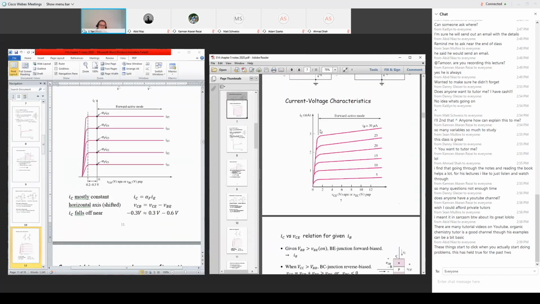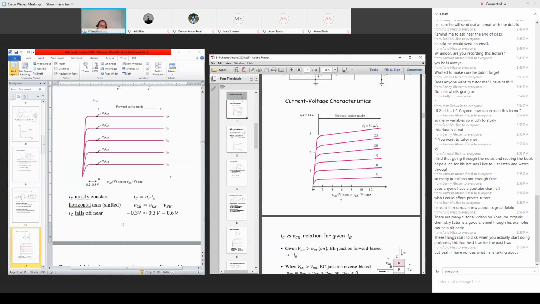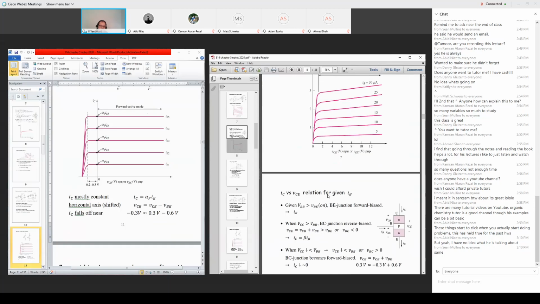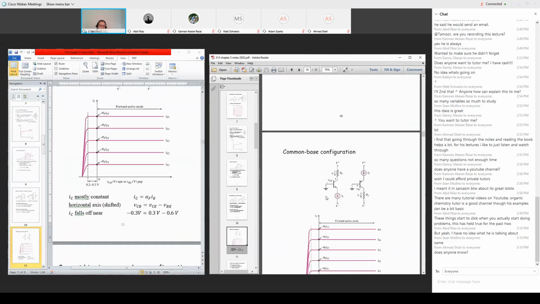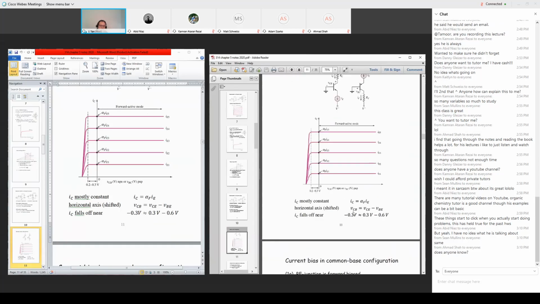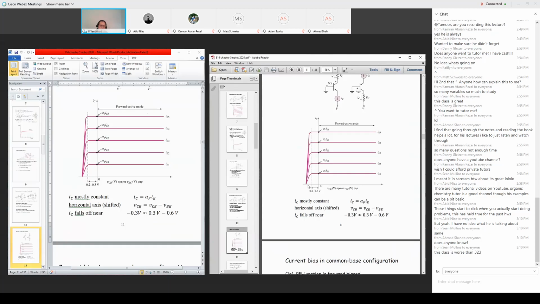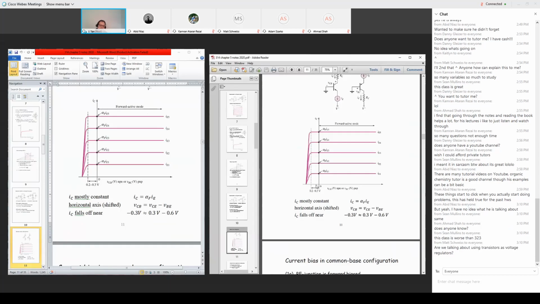So this separation is VCE sat. That means that when VCE drops to VCE sat, the current starts to go lower to 0, and that's for the common emitter configuration. For the common base configuration, the horizontal axis will be shifted by a constant 0.6 volts. So it's from 0.3 volts, and shifts down to minus 0.3 volts. So that's the shifting.